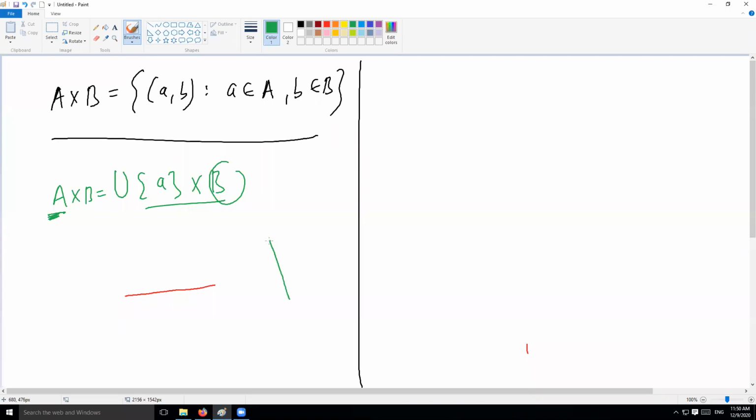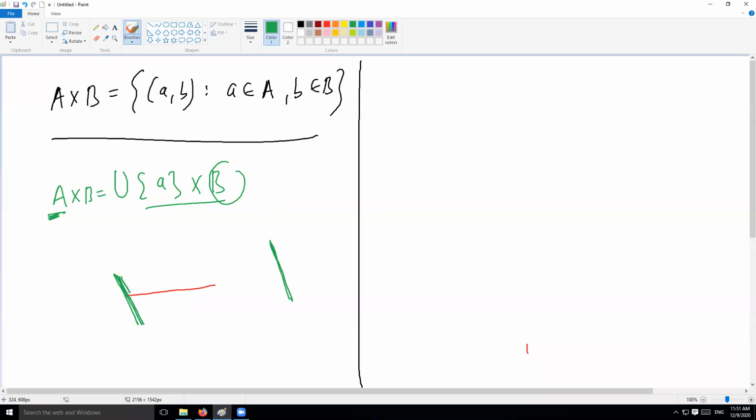Now treat this green line as a stick and the red line also as a stick. I'm saying that to every point on the red line, attach a green line.